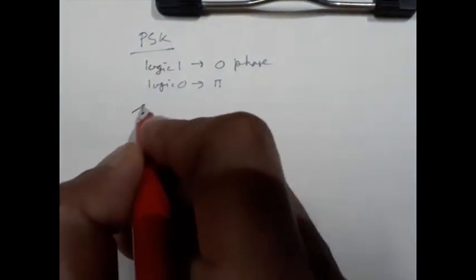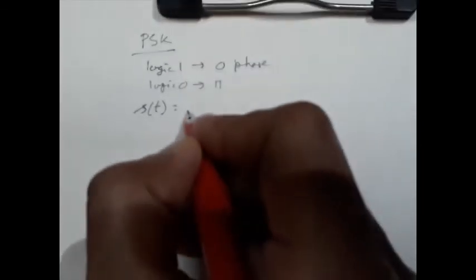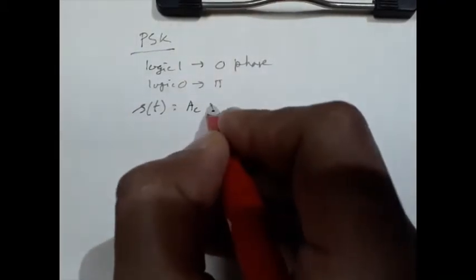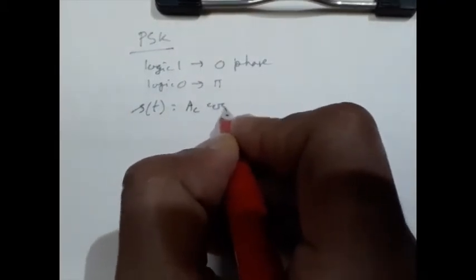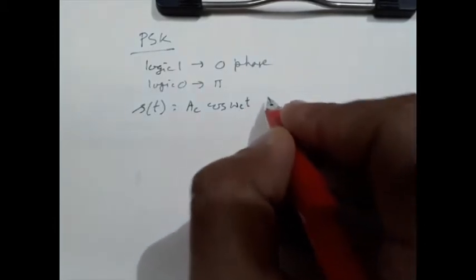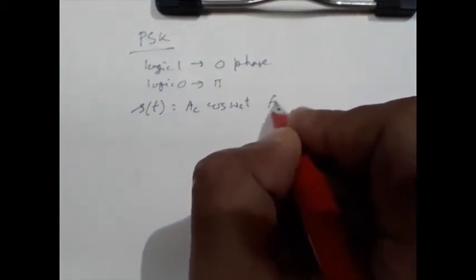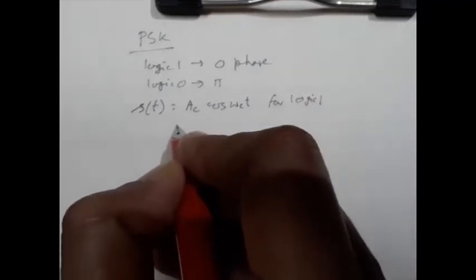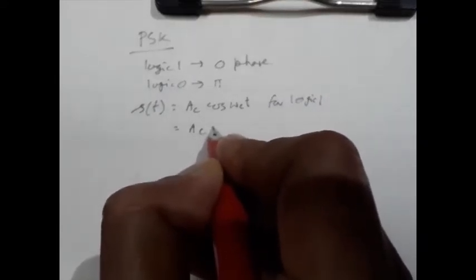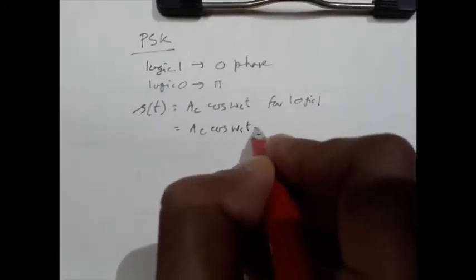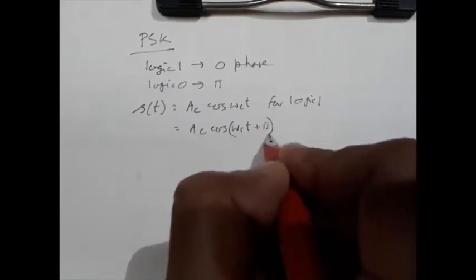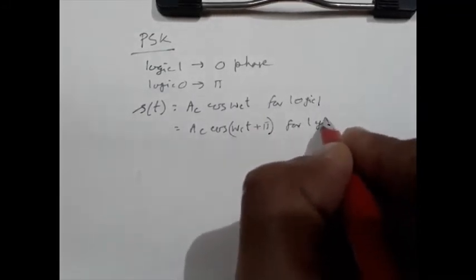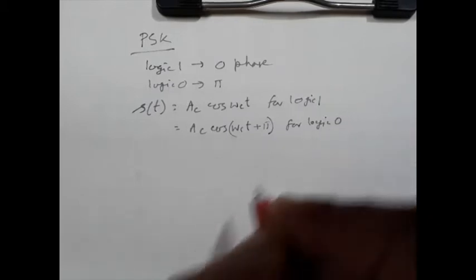So the PSK signal can be represented as, keeping in mind that there is no change in the amplitude. So if amplitude is, say, AC, then for logic 1 it will be represented by simply AC cos omega ct, and AC cos(omega ct plus pi) for logic 0.